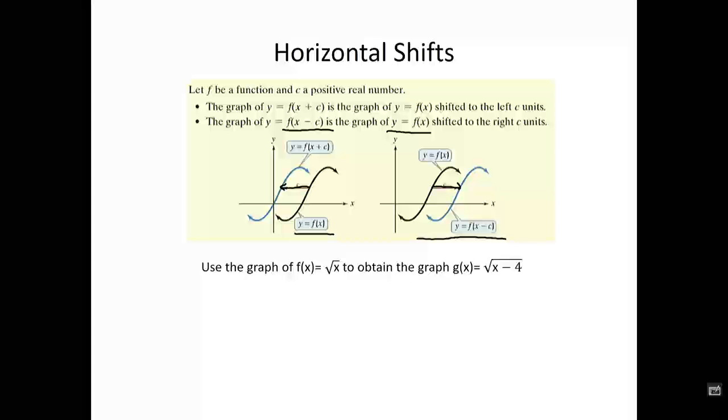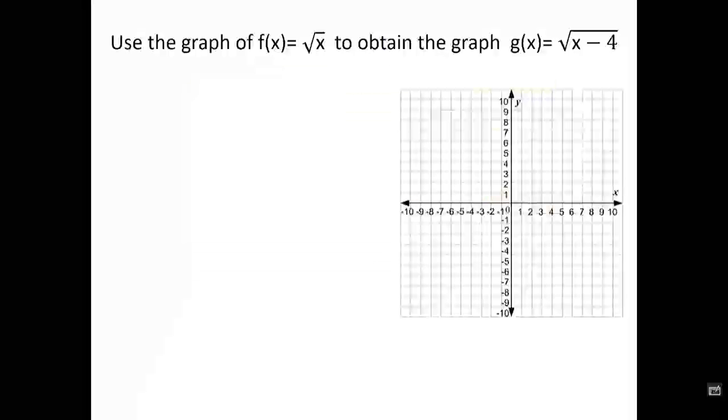Let's consider a concrete example. I'm going to use the graph of the square root of x to obtain the graph of g of x. G of x is defined to be the square root of x minus 4. So we're going to use the graph of the square root of x to obtain the graph of the square root of x minus 4.